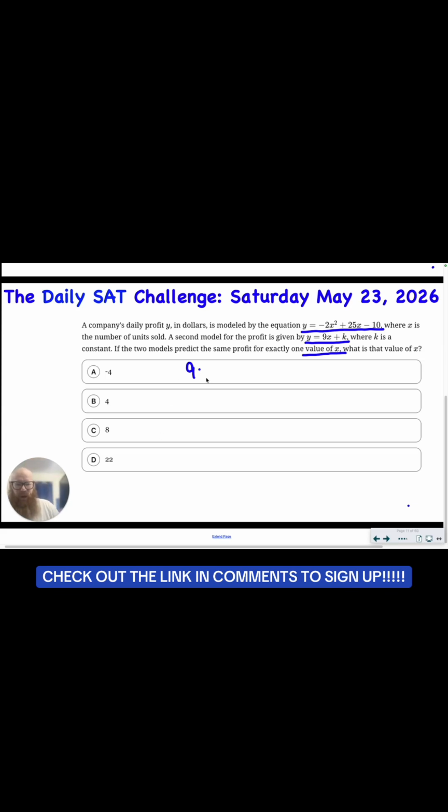I changed my mind there. I don't want to have to try to find k using Desmos and just guess and check. I want to have specific values. You're not saying you can't do it that way, just that I don't want to. So what I'm going to do is bring everything to one side.